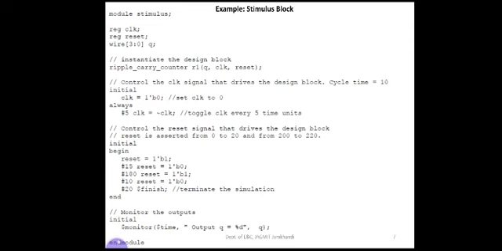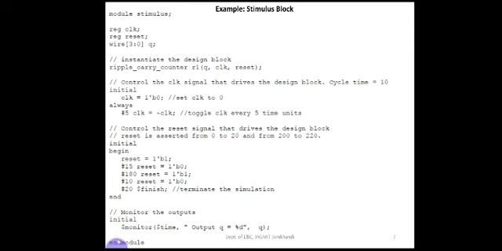Then control the reset signal that drives the design block. Reset is asserted from 0 to 20, from 200 to 220. At any time you can change the value of this reset signal. Keep a longer time for the counter to count from 0 to 15, then you can reset it.